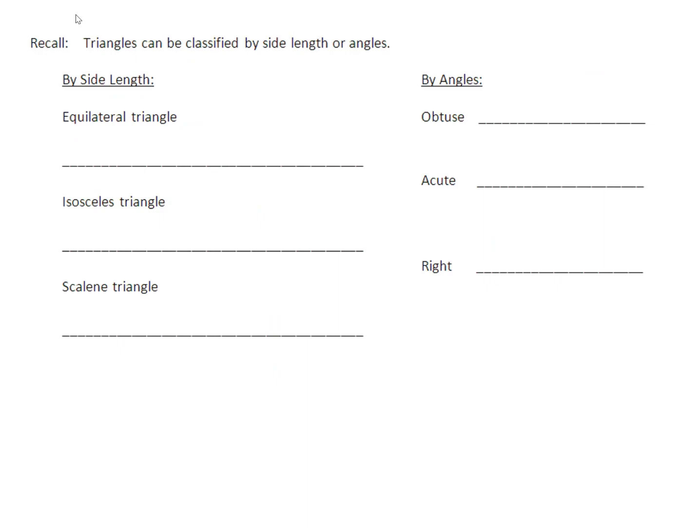Recall, triangles can be classified by side lengths or angles. If we're classifying by side length, an equilateral triangle means that all sides are equal, which means that all angles are equal. And if all the angles are equal, they're going to be 60 degrees.